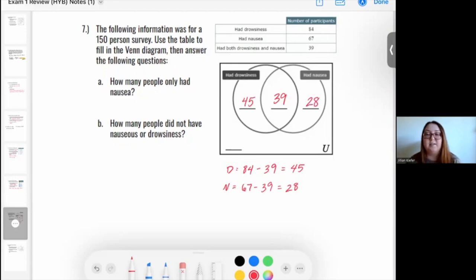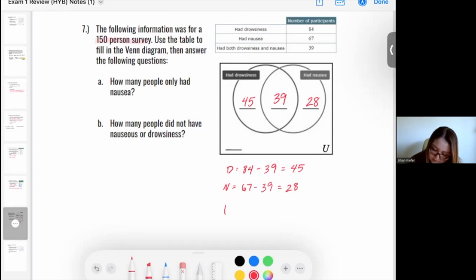So we'll fill that in there. Now we're almost done. The last thing we need to know is how many people didn't have any symptoms. That would be our universal set, or what's left over. And we were given this piece of information, a 150-person survey. So we know that in total there were 150 participants.